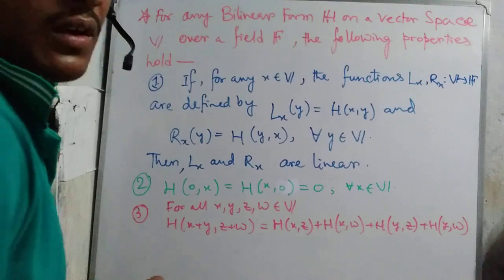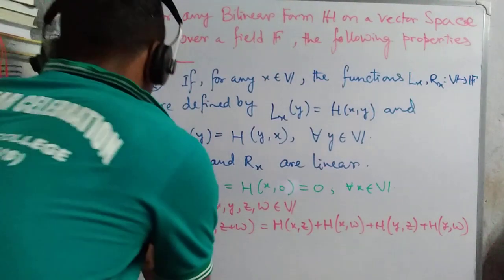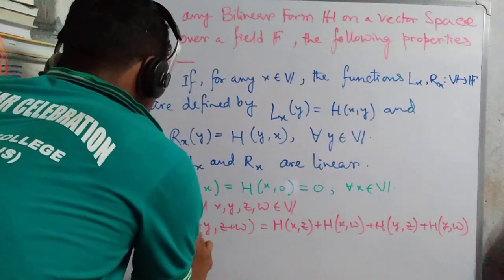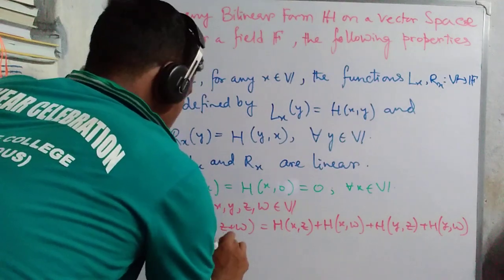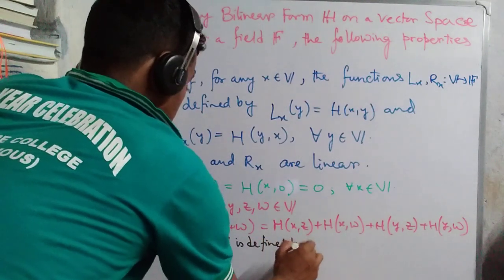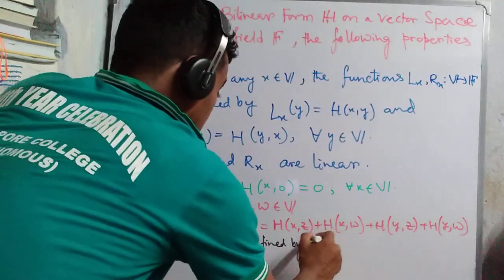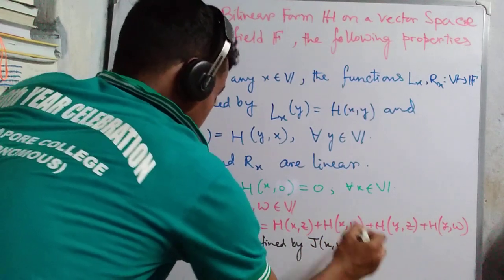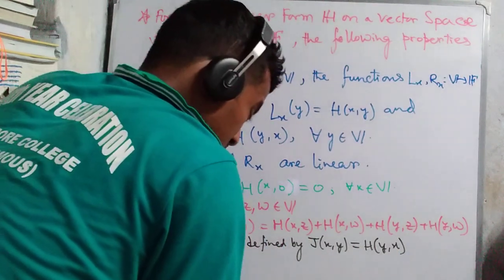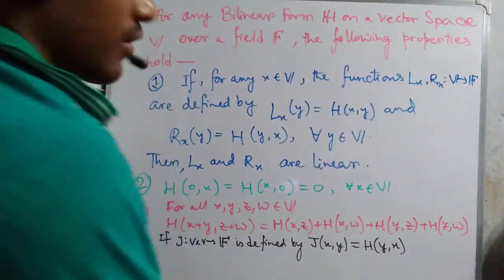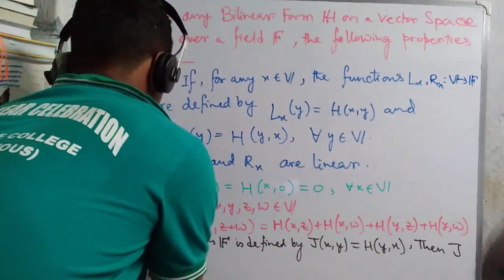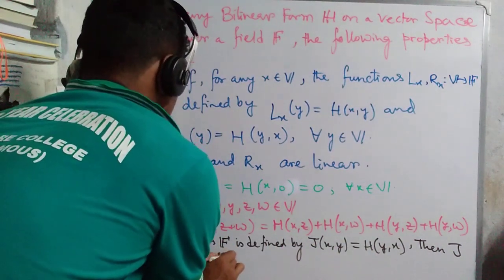Now number 4: if J on V cross V is defined by J(x, y) equal to H(y, x), understood? Then J is a bilinear form.